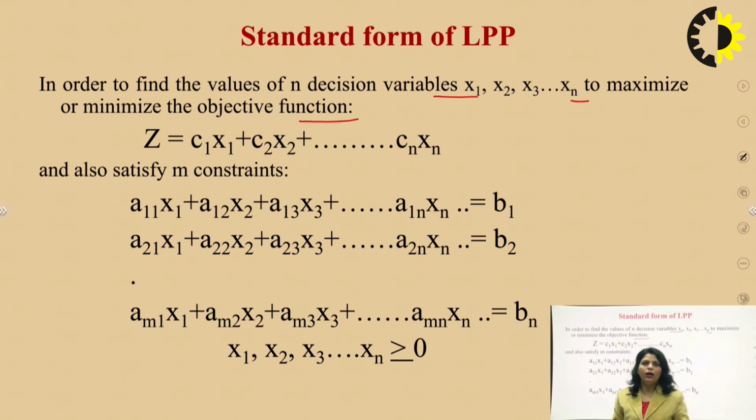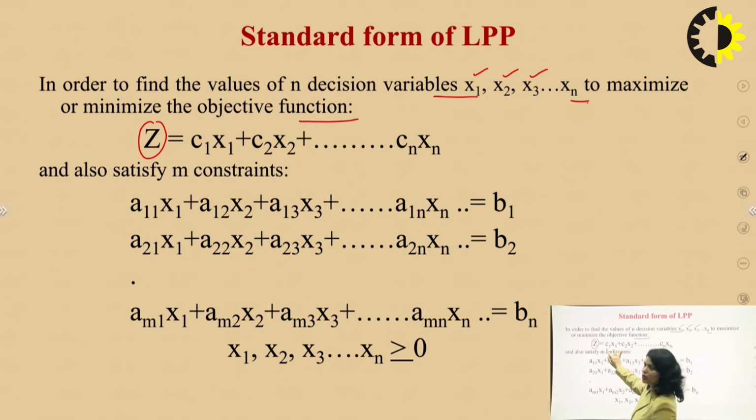In this example we have taken n decision variables x1, x2, x3 up to xn, and our objective function is z, which can be either maximized or minimized. So we write the objective function like this.